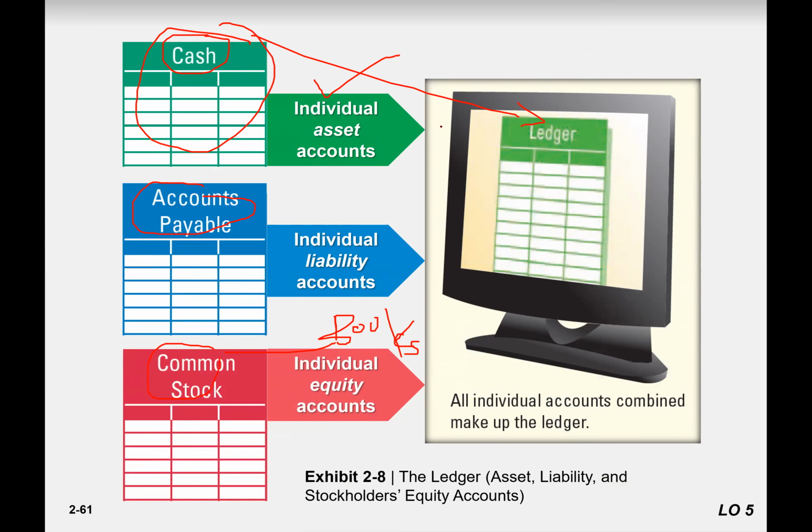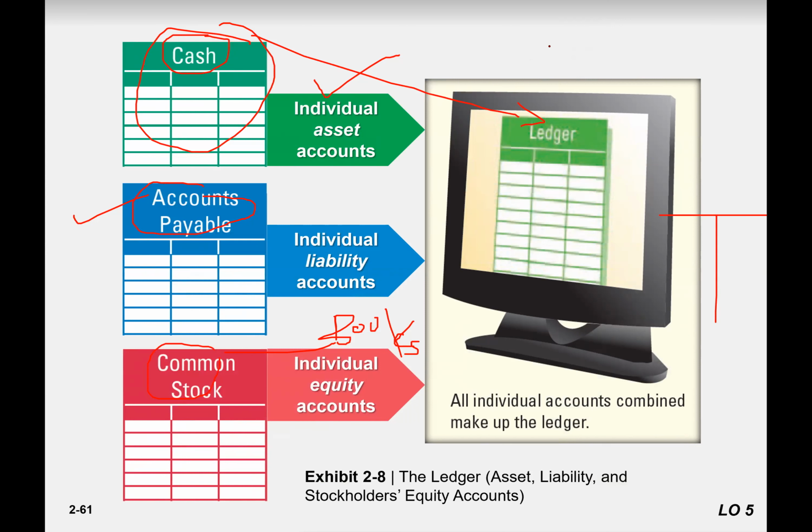So there's a cash book and inside all the transactions related to cash will be written. There is an accounts payable book, we call this ledger, and everything we recorded in this accounts payable. How we represent it in accounting? In a T account format, right?